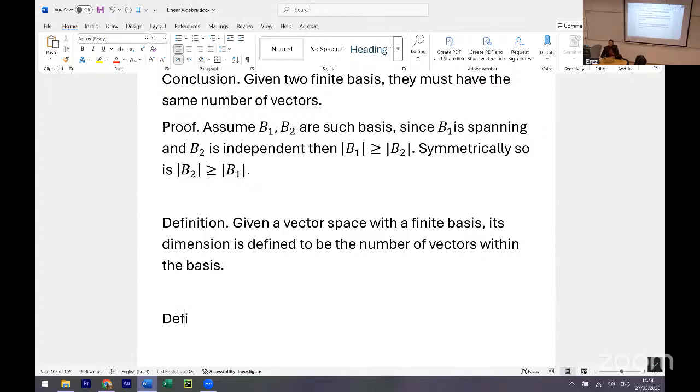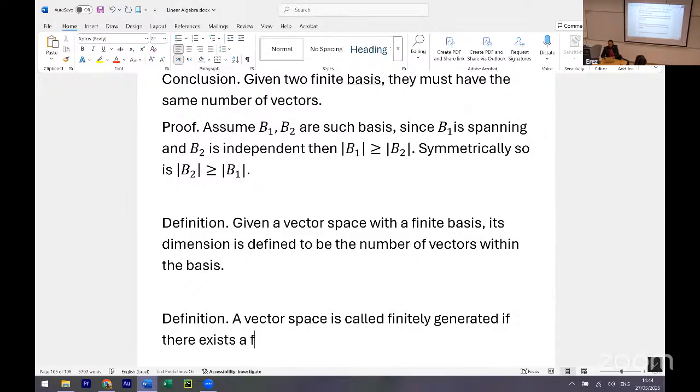And definition. A vector space is called finitely generated if there exists a finite set that spans the entire vector space.